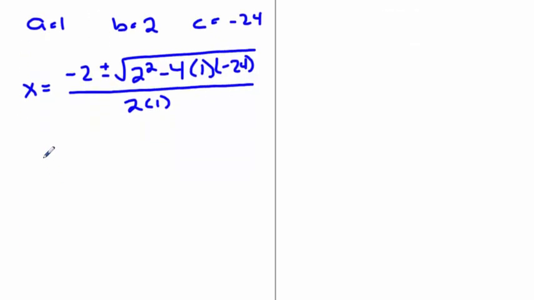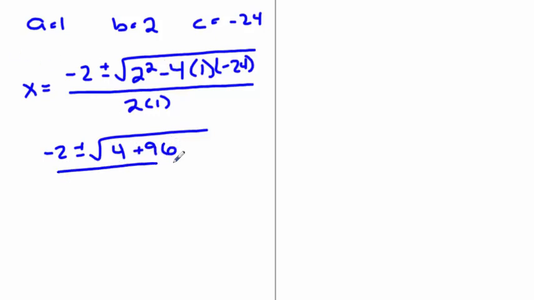Let's simplify. I've got negative 2 plus or minus the square root of 4 minus 4 times 1 times negative 24. 4 times 24 is 96. The negative and the negative are going to make that a positive, so I'm going to have plus 96 right here, all divided by 2.